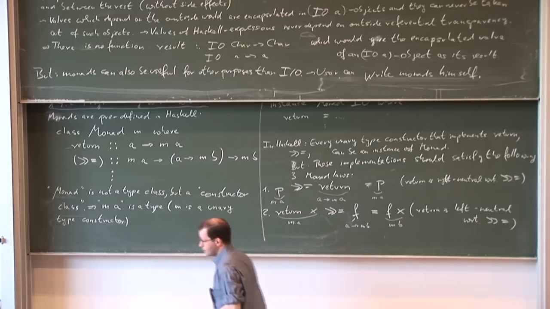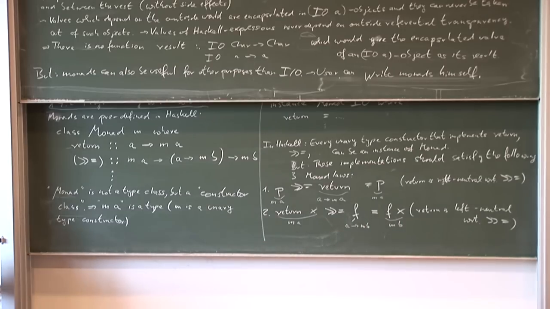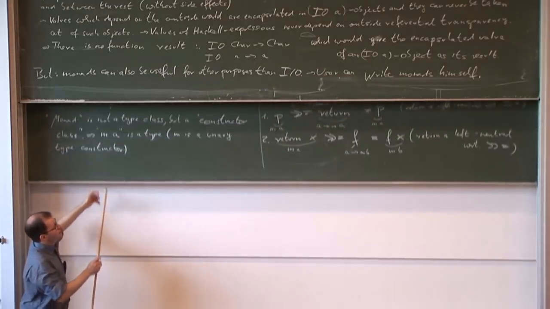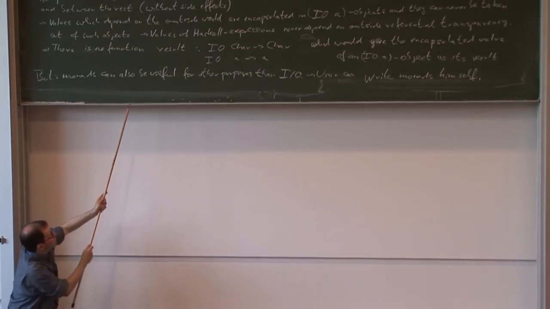And the last monad law says that bind is associative. It doesn't matter whether, if you have three actions or three monad objects, P, Q, and R, you combine P and Q together and then perform R, or whether you first perform P and then combine Q and R together. So it's associativity of bind. That's the last monad law, but to write it down, I need another board.